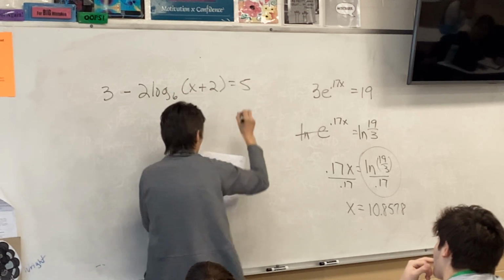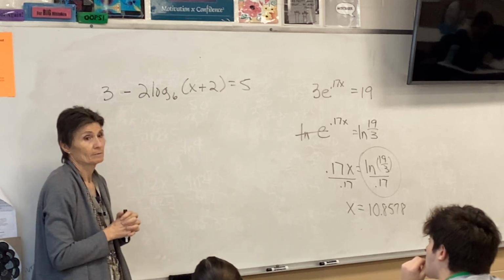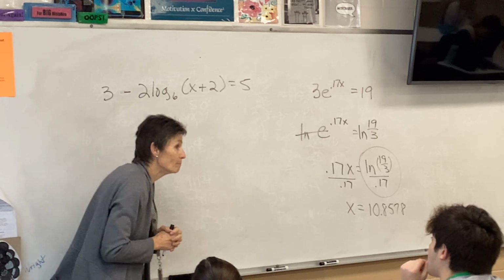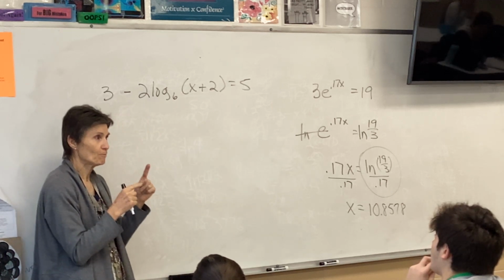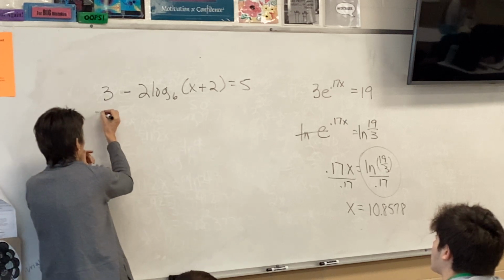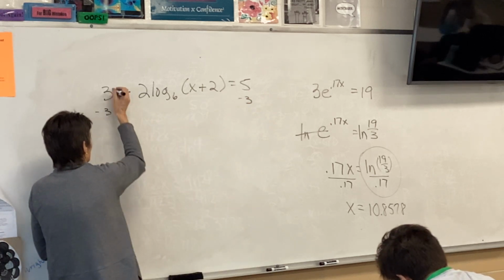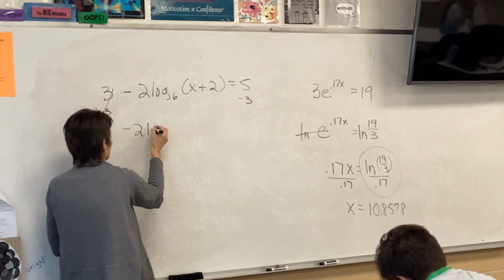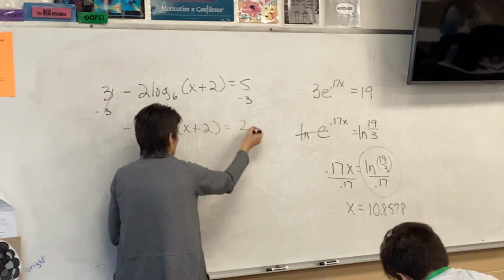So I need somebody to get me pointed in the right direction. Divide the 2? I'm eventually gonna divide the 2. What might I do first? Subtract the 3. How about we get rid of this guy? Now that's gonna leave us with negative 2 log base 6 of x plus 2 equal to 2.